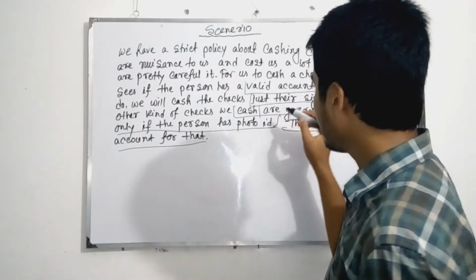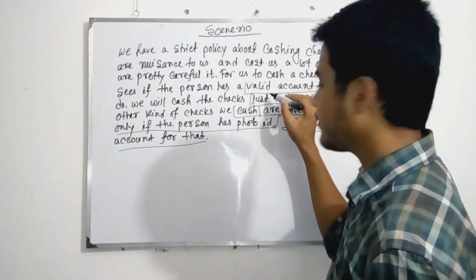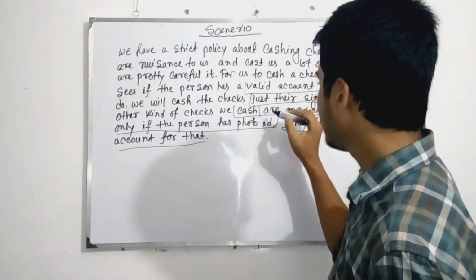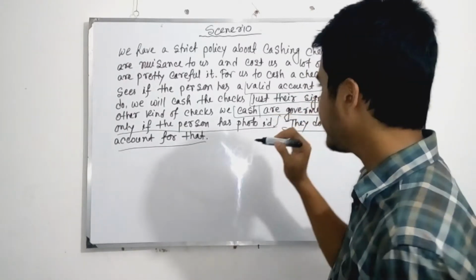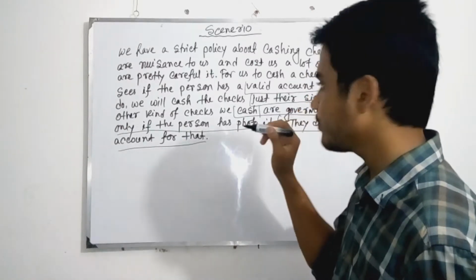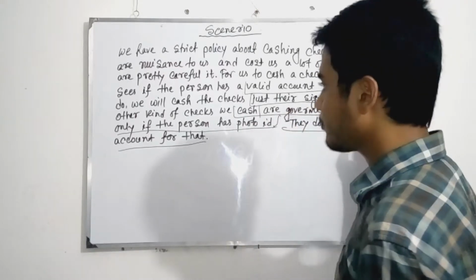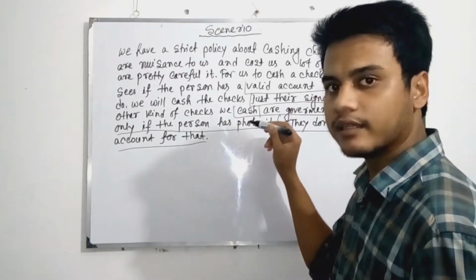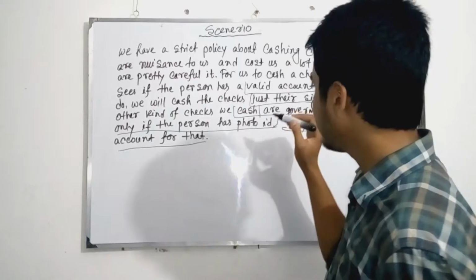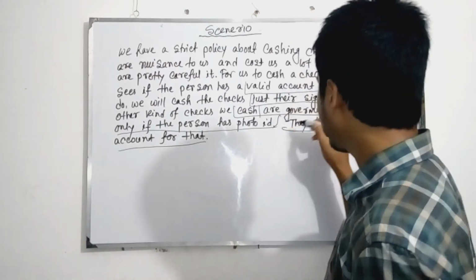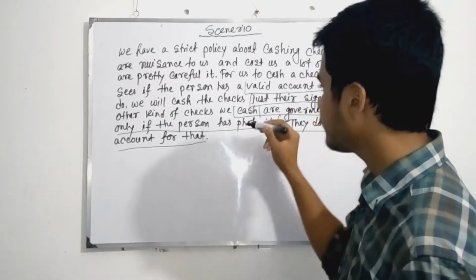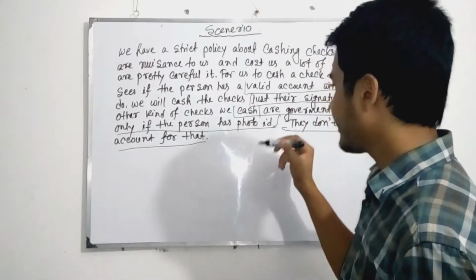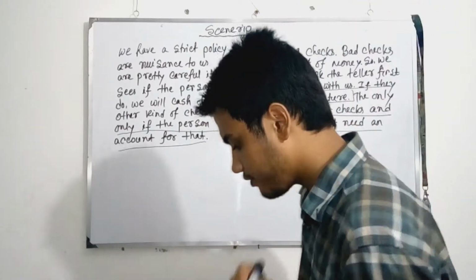If one condition is satisfied, if they have a valid account, they can cash their checks with their signature. If they don't have a valid account but they have government checks with a national photo ID, they can cash the check. And finally, if they have government checks with them but no photo ID, they can't cash the check. So here we have three conditions.